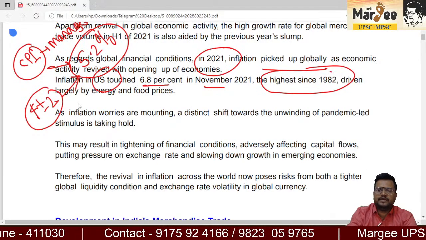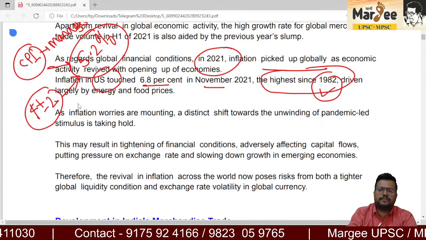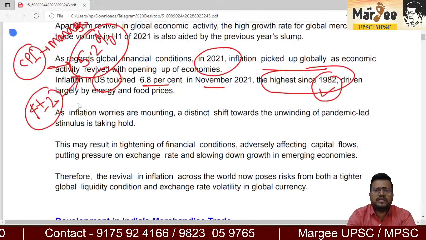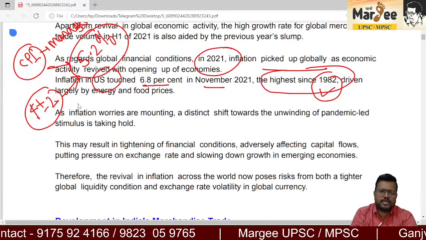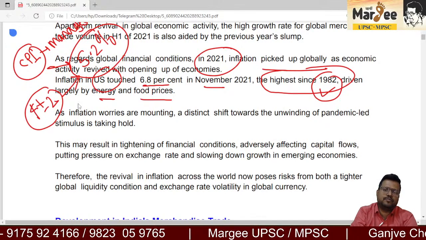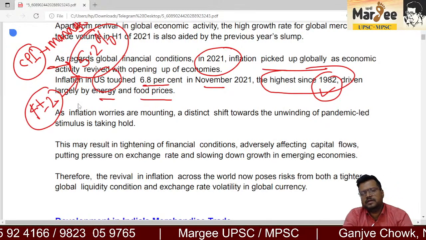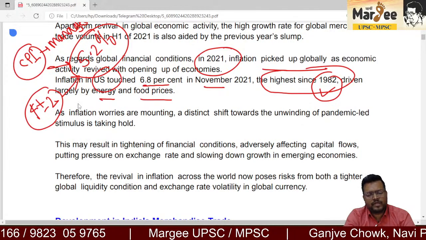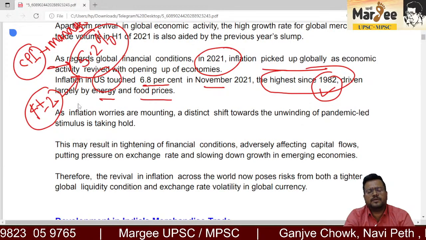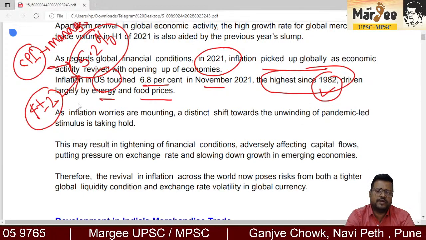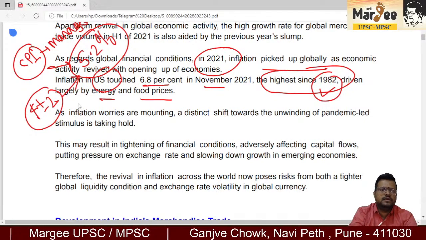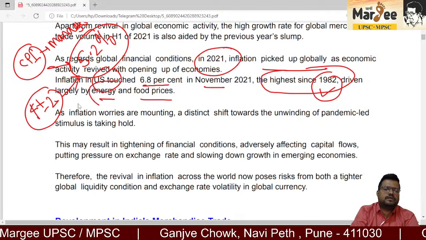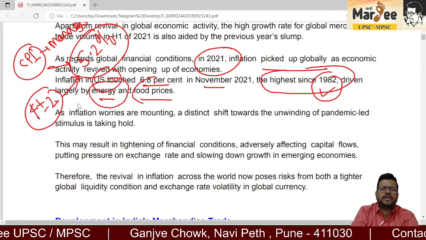The main reason for this world level inflation or inflation in the USA was energy and food prices. You must be aware that the oil producing countries have cut down their supply and that's why oil prices have increased. Other reasons were also there, but the main reason for this inflation was energy and food prices.